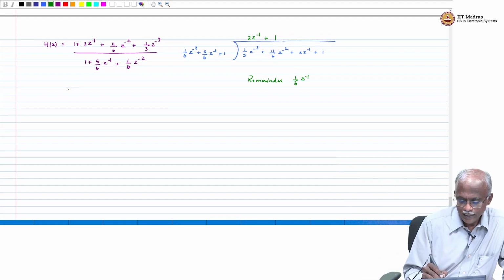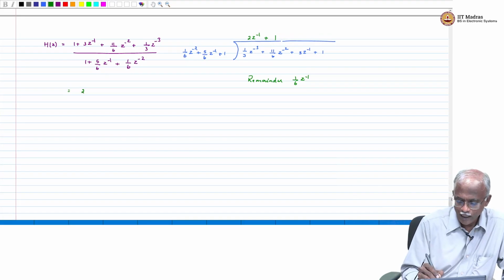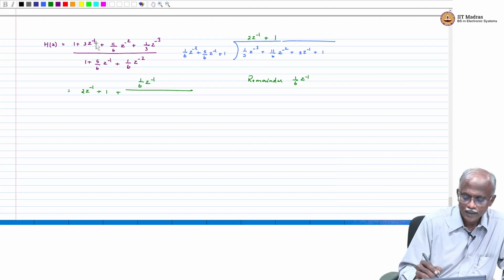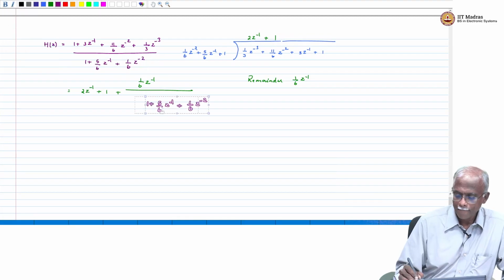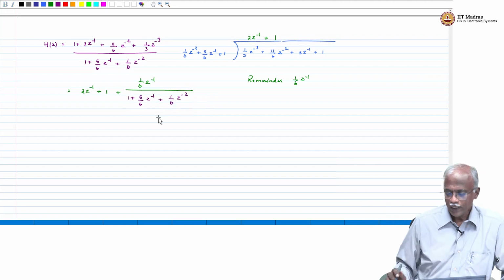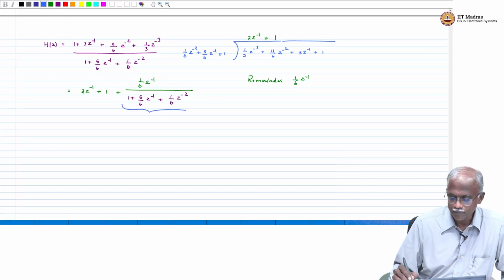So what we are saying is this improper rational form can be written as 2 times z inverse plus 1 plus 1 by 6 z inverse divided by the denominator. Okay, so basically this is in a proper rational form.